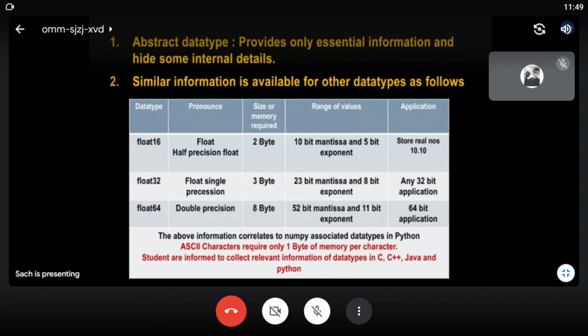So you have to remember that in ASCII characters we have 1 byte per character, and students are informed to collect relevant information for various languages. So what is the data type size for C program, C++ program or Java and Python? So this varies. You can create a table for that and see how it varies based on the size and based on the language.